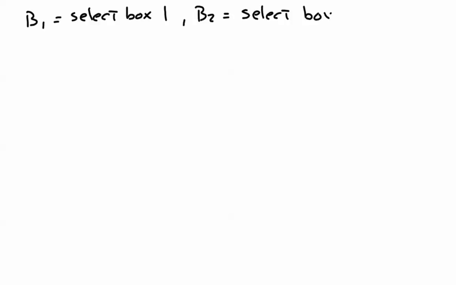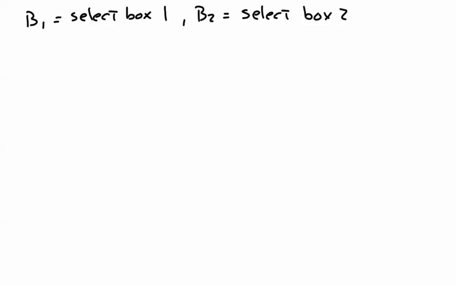I'm going to let B1 equal the event that I select box 1, and B2 equal the event that I select box 2. B1 and B2 will partition the pick a box sample space. You either pick box 1 or you pick box 2. You cannot pick both of them. They are mutually exclusive and they collectively exhaust the pick a box sample space.